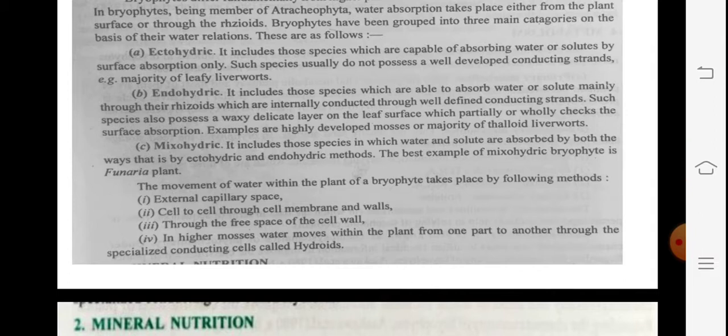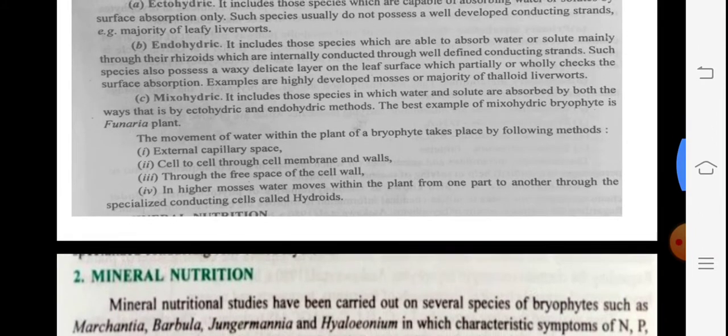Then in mixohydric, a good example is Funaria moss, as they absorb water and solutes by both ways, ecto and endohydric methods. For example, leaves act through external capillary spaces, or cell to cell membranes and walls are present.